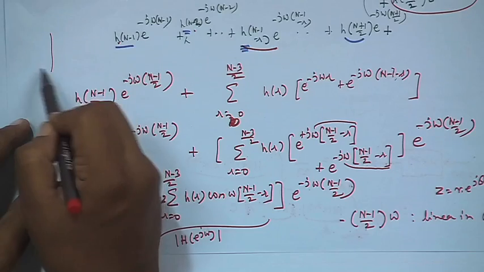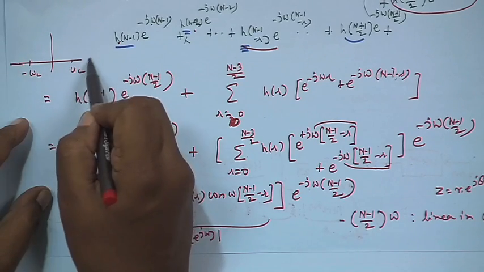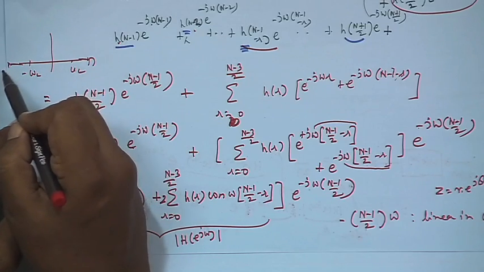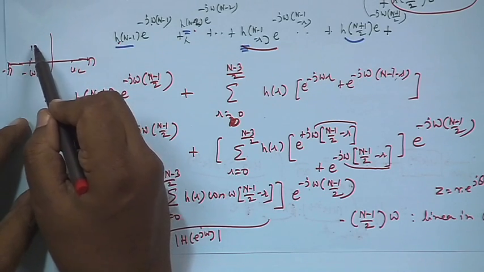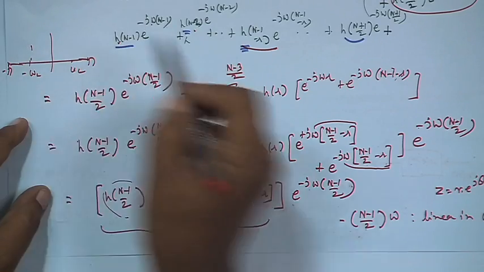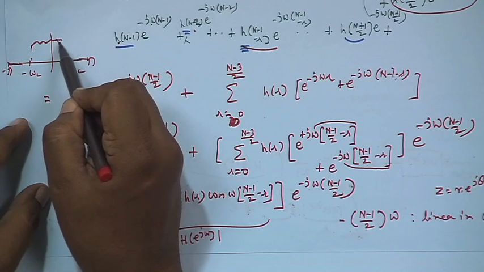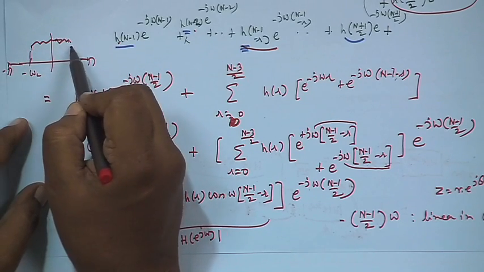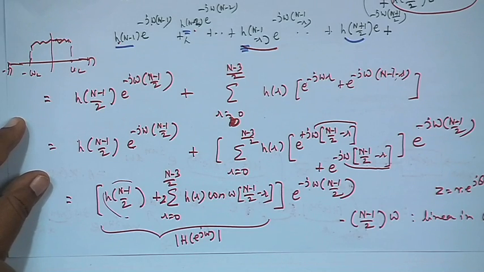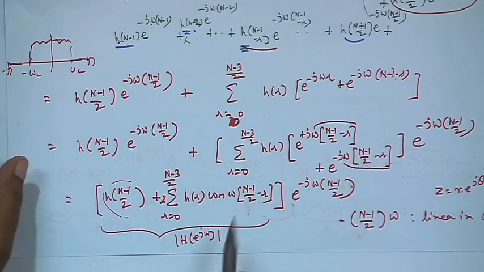Like if this is your minus omega c to omega c, and this is pi here and minus pi there, you design the filter so that over this band it does not alter much. Then it is linear phase, and it does not distort the input signal, because the magnitude response is also kind of constant.